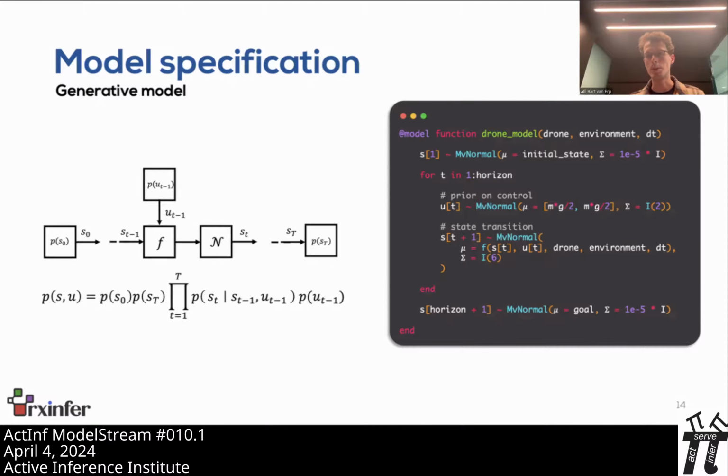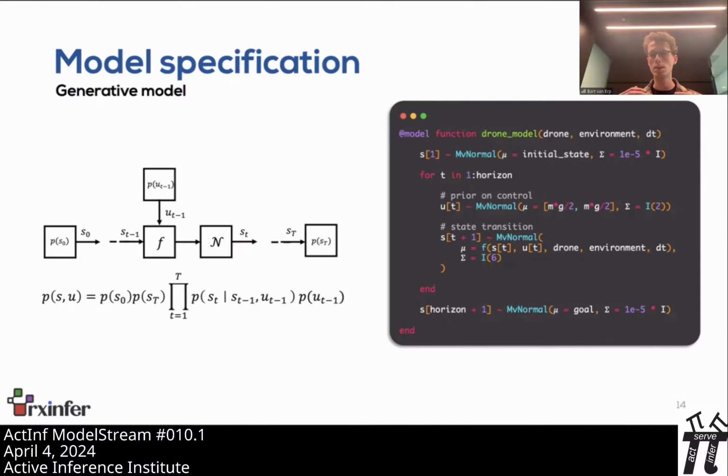Together with some noise because of the unknown dynamics, maybe we've got some internal, external fluctuations, uncertainties, stochastic behavior. So that's all something that we also encode in this multivariate normal distribution. So that incorporates this for loop, and this for loop basically unrolls this segment that's on the left, containing this P of U, this F, and this norm.